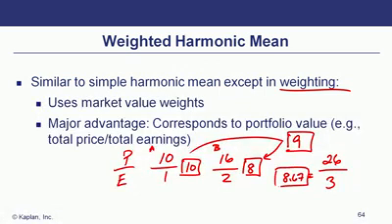So a simple average of PEs, the 10 and the 8, is not going to equal the price of the entire portfolio versus how much earnings it's actually generating. If you go into the reading, you'll see the formula for the weighted harmonic mean. It corresponds to a portfolio value as opposed to a simple average, because we're using those market weights.